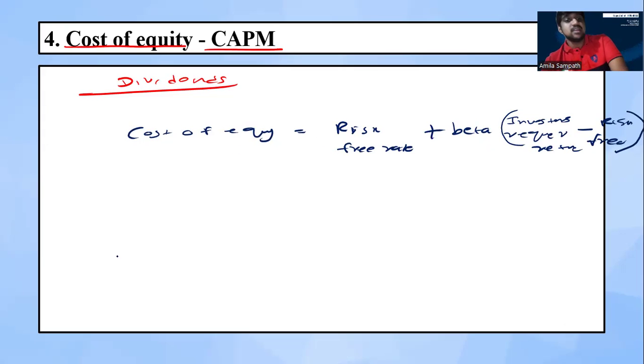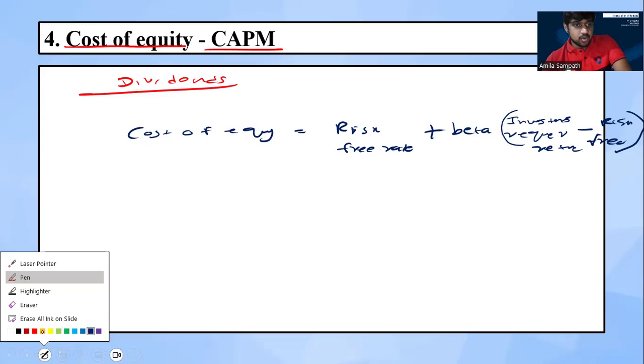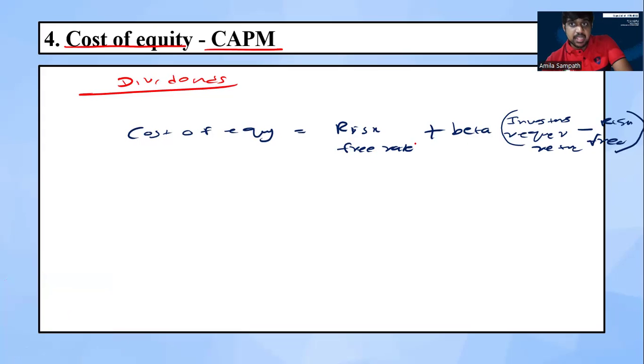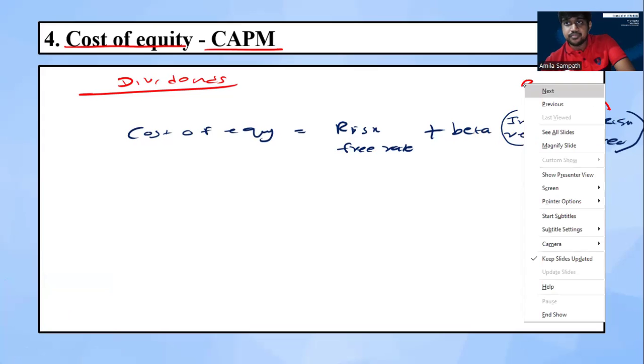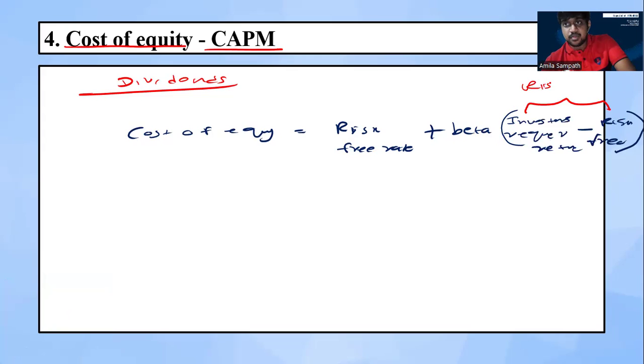Simply, we can get cost of equity using the CAPM model: risk-free rate plus beta multiplied by the investors' required return minus risk-free rate. We can say this difference is the risk premium.